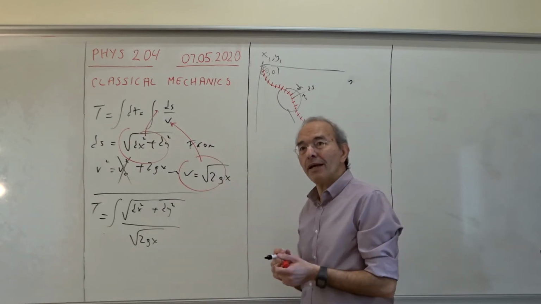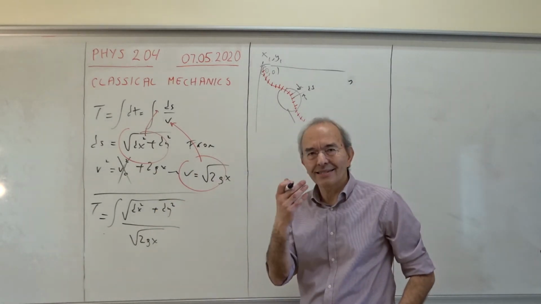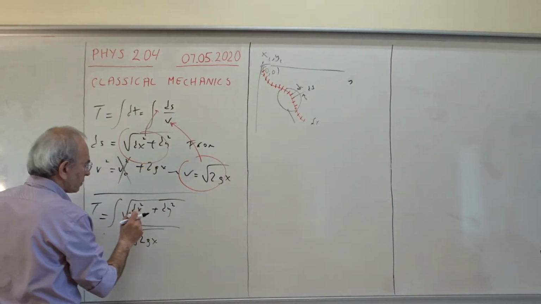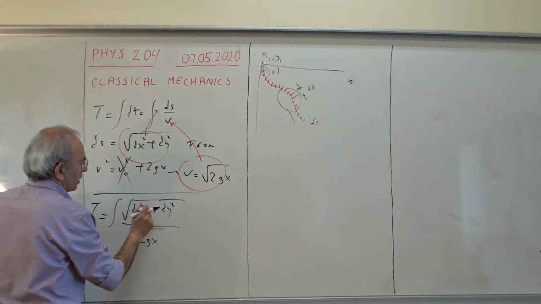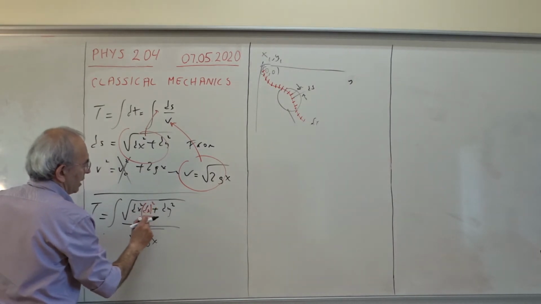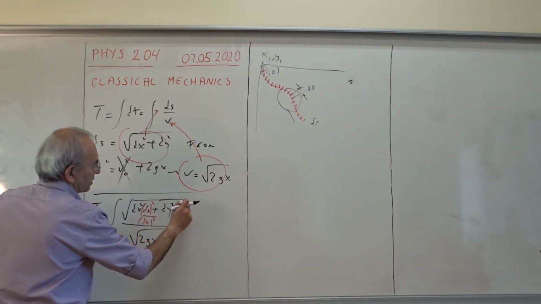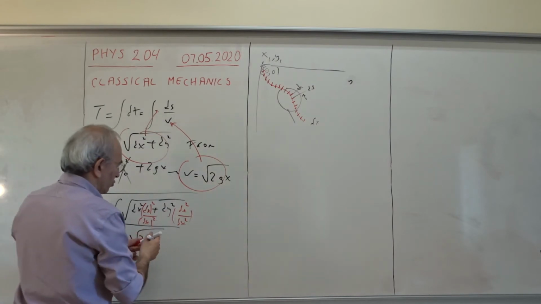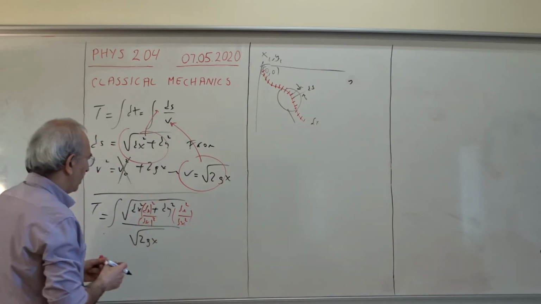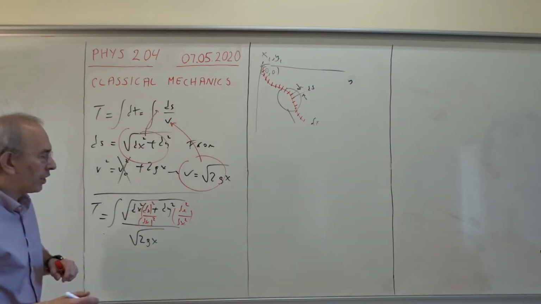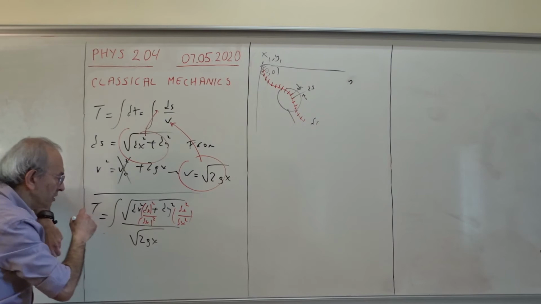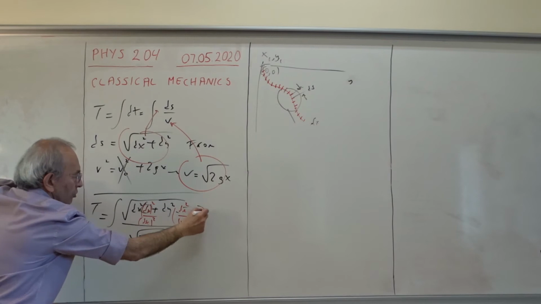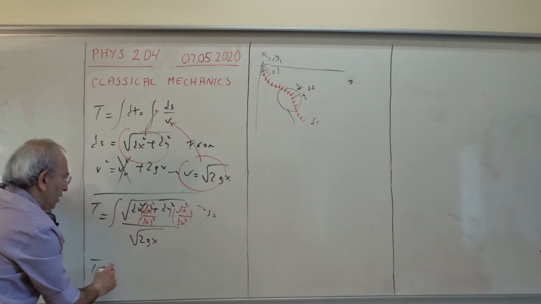Next, we can multiply and divide each of these terms by dx squared. So we can write it as dx squared by dx squared, and of course, we multiply by 1. What do we get by this little trick? We can take this upper dx outside as dx. So t will be the integral.